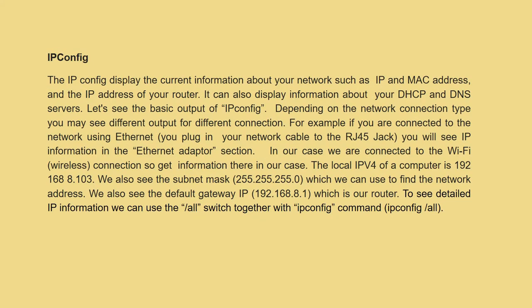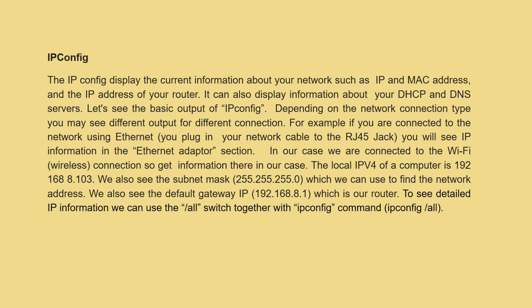Now, as per ipconfig, the ipconfig command displays the current information about your network, such as your IP and MAC address and the IP address of your router also. Previously the ping command was there; here ipconfig displays the current information about your networks.